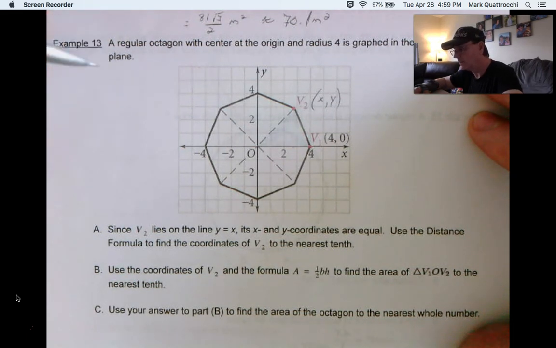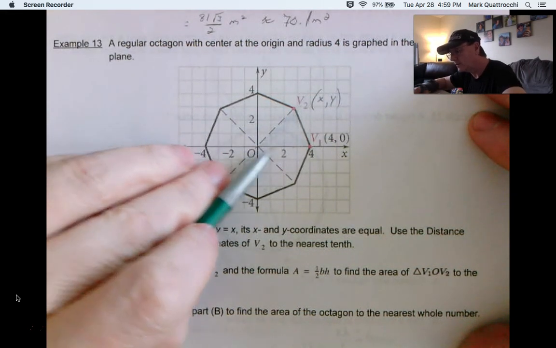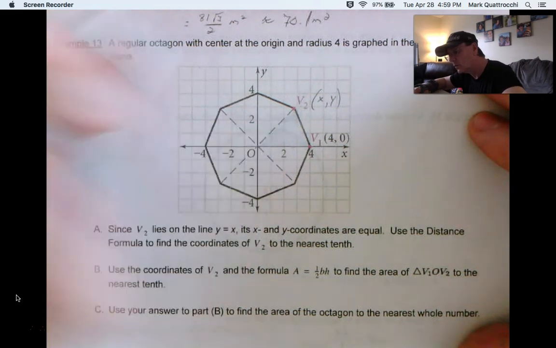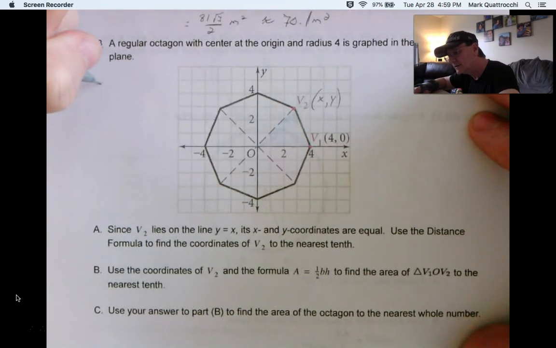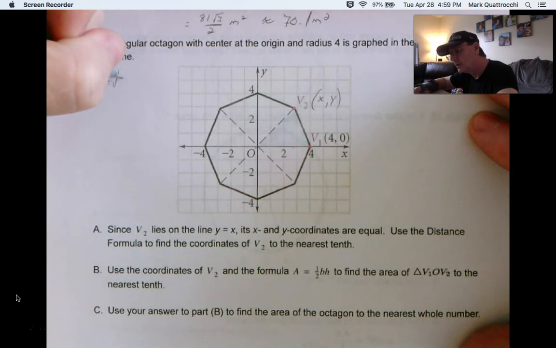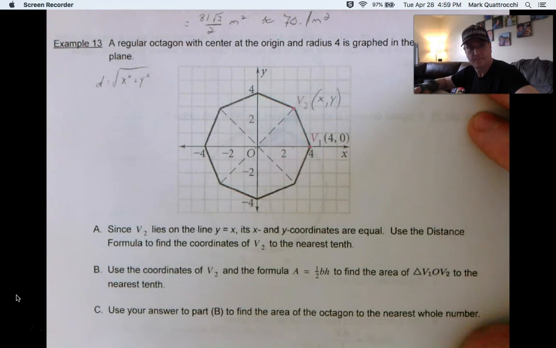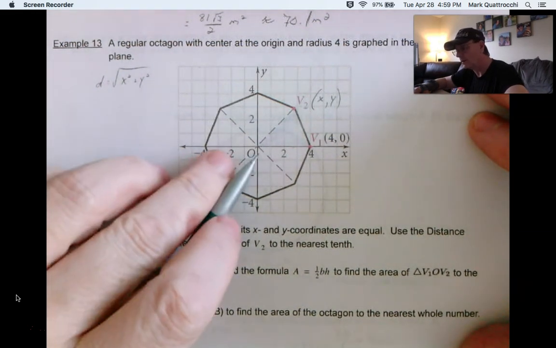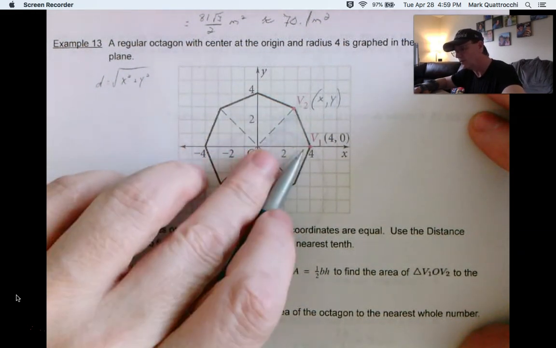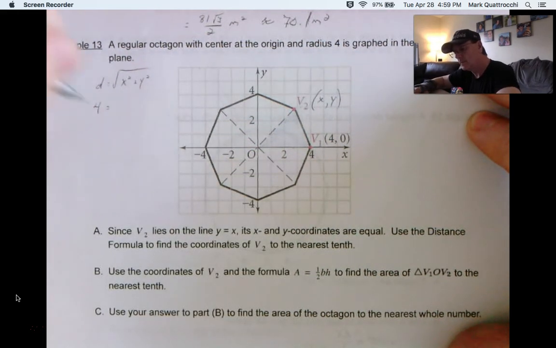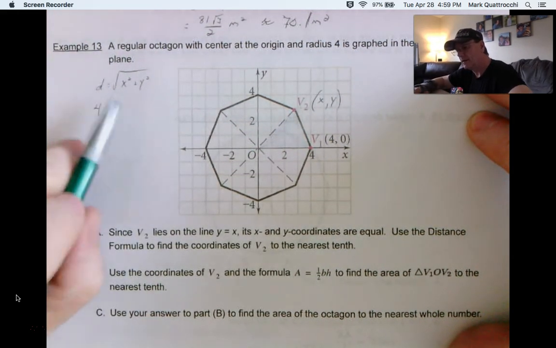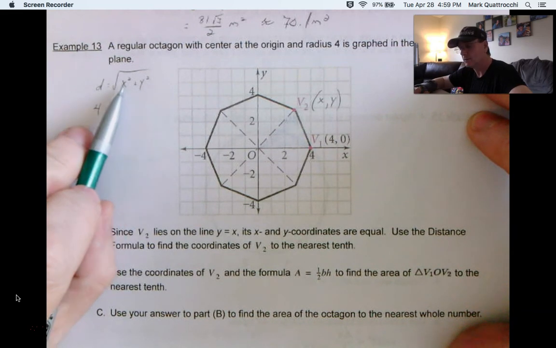Okay, so we know that if this is x and this is y, distance equals square root of x squared plus y squared. Well, we know the distance is 4. We know O to V2 is the same as O to V1. Well, this is x squared and x squared.